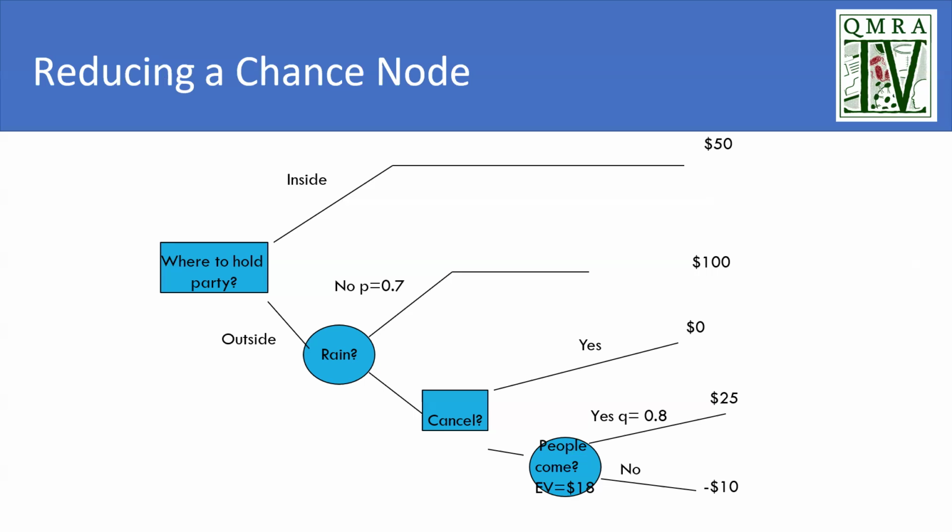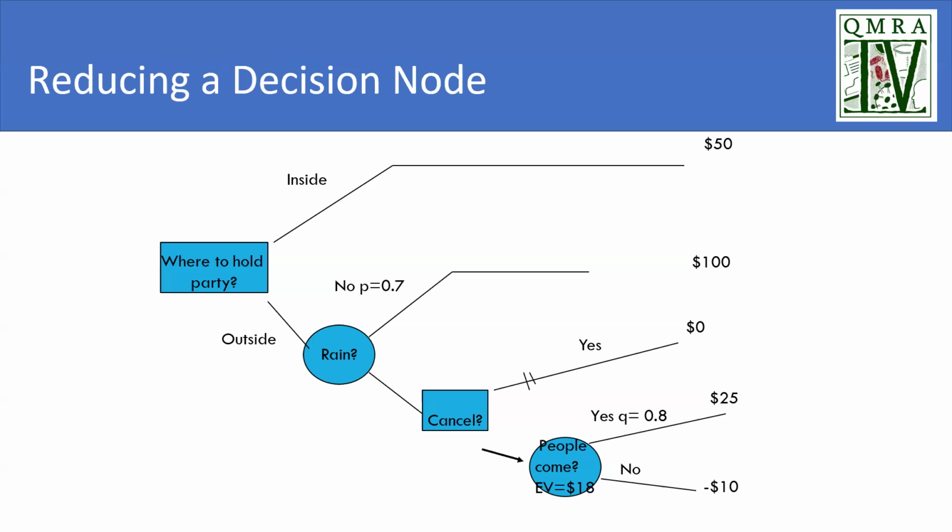So now that we've set up the problem, we can start to calculate expected values, moving from right to left and folding backwards. The first chance node that we're going to evaluate is, will people come for the outside party, given that it might rain. So we have 0.8 times 25 plus 0.2 times -10, and we get an expected value at the chance node, will people come, of $18.